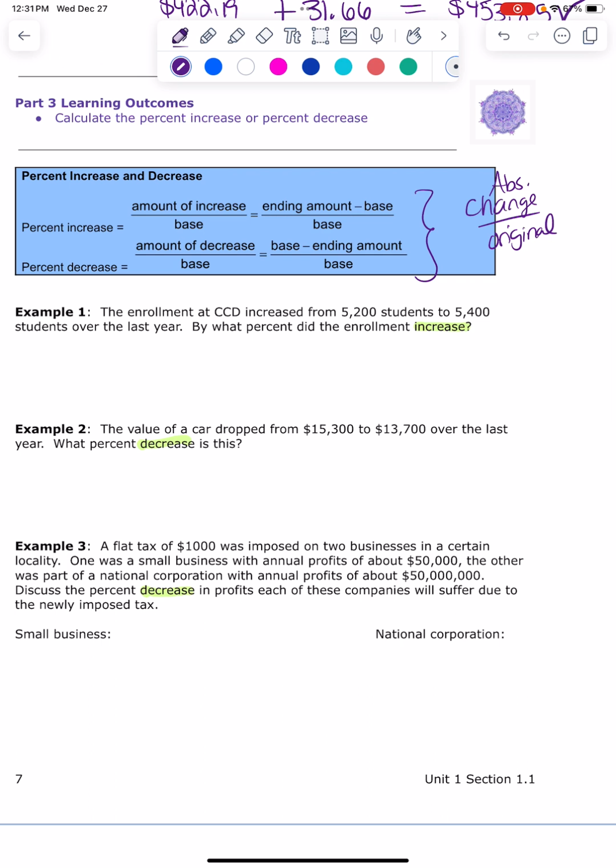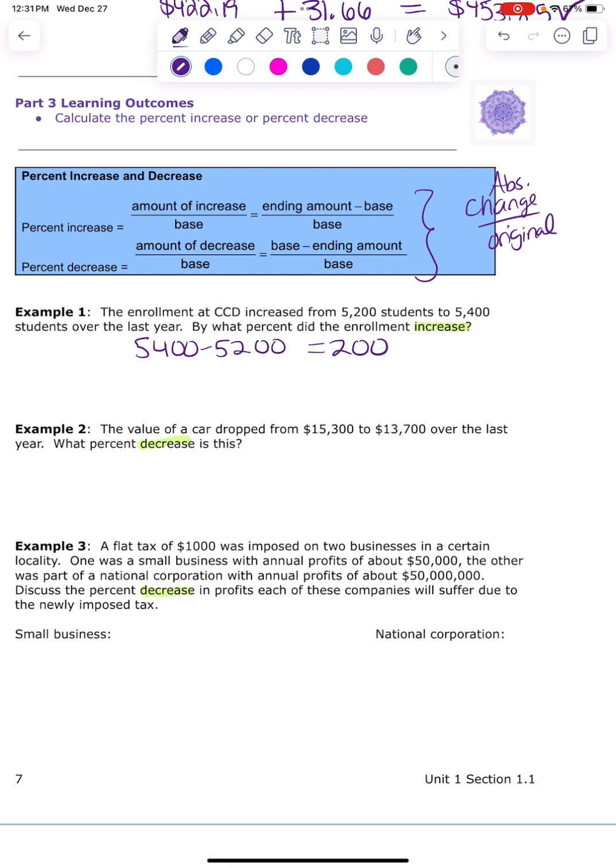For example, with number 1, the enrollment at CCD increased from 5,200 students to 5,400 students over the last year. By what percent did the enrollment increase? It's increased because it went up. It wouldn't make sense to ask how much it decreased. So I want to subtract the 2 numbers. You can always subtract the smaller from the larger.